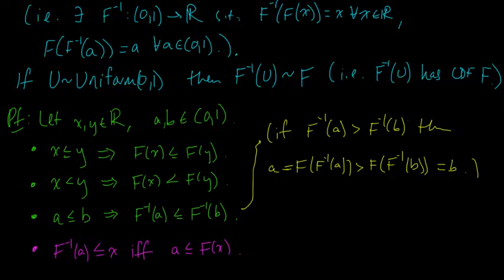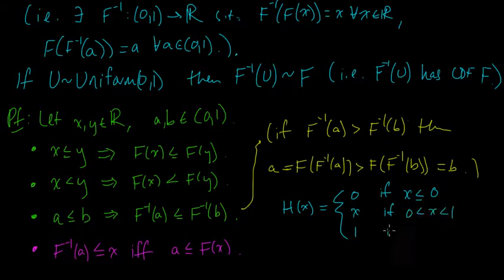And now recall that the CDF of a uniform random variable u, let's call it h of x, is 0 if x is less or equal to 0, x if x is between 0 and 1, and 1 if x is greater or equal to 1.